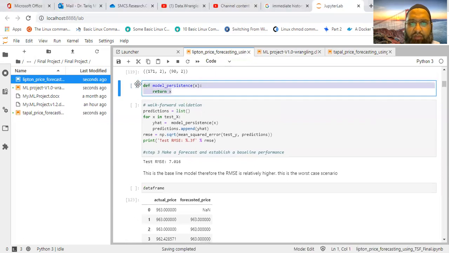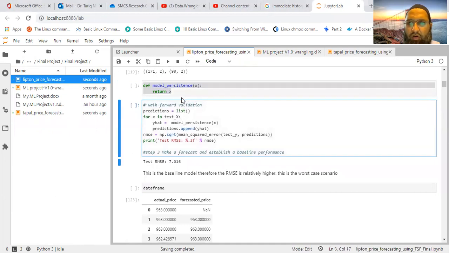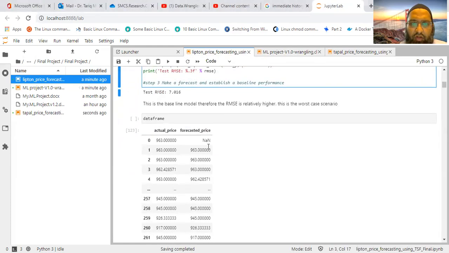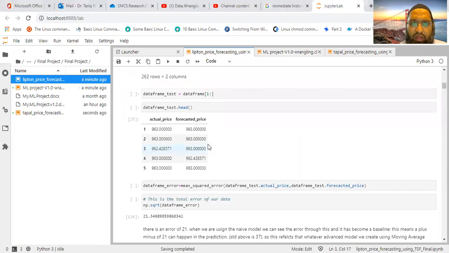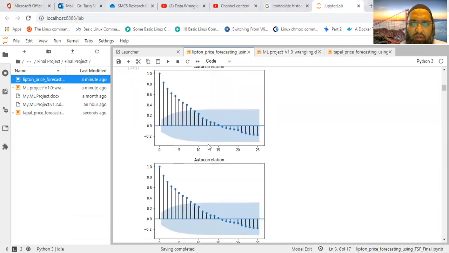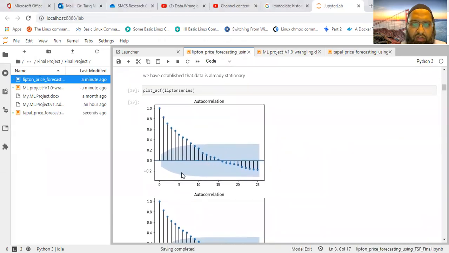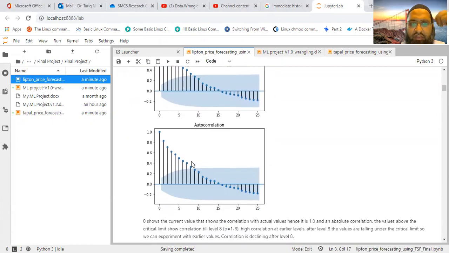Then we have this persistence model which just returns the value X. Just see my YouTube lectures on time series forecasting for the ML1 course, which I taught in Spring 2021, to understand what the persistence model is. These are the forecasts here. And then we have these autocorrelation plots. We can see that lags 1, 2, 3, 4, 5, 6 are significant. So that's pretty consistent data.